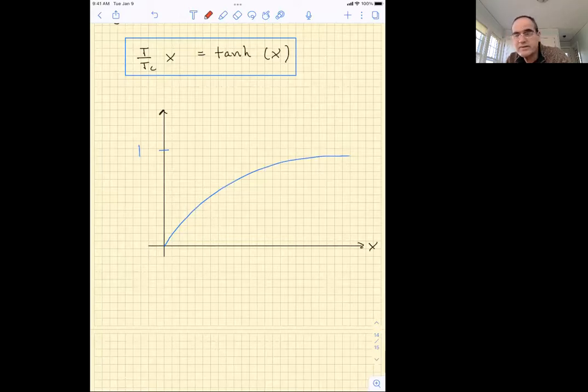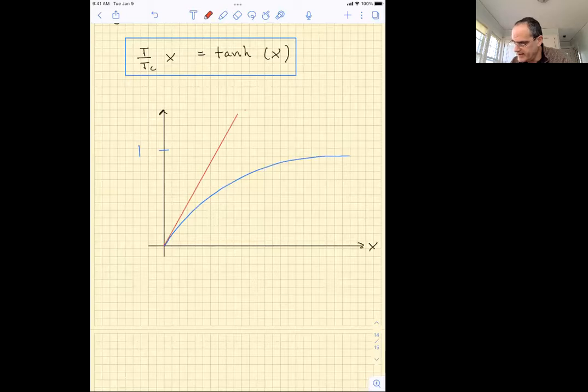First, suppose that T over Tc is greater than 1, and we're at a temperature above the transition temperature. In that case, my line has a slope greater than 1. And because the hyperbolic tangent starts out near 0 with a slope equal to 1, that means that the red line and the blue line never cross.